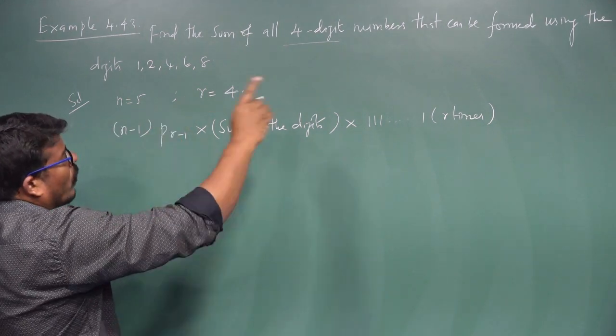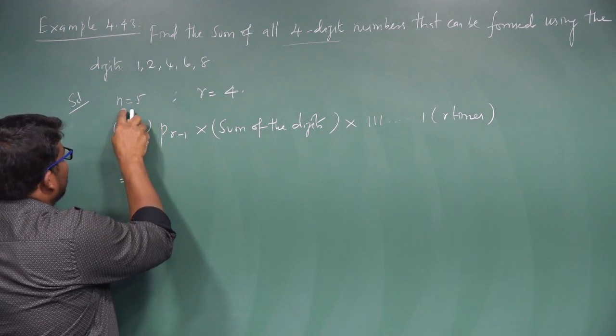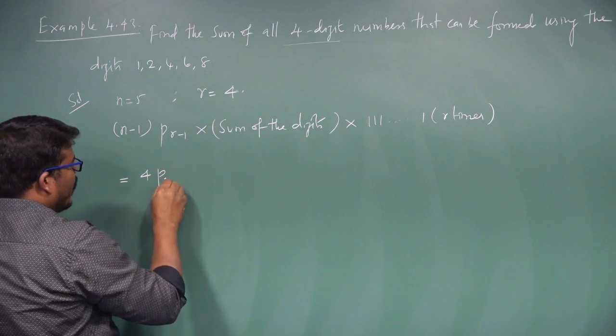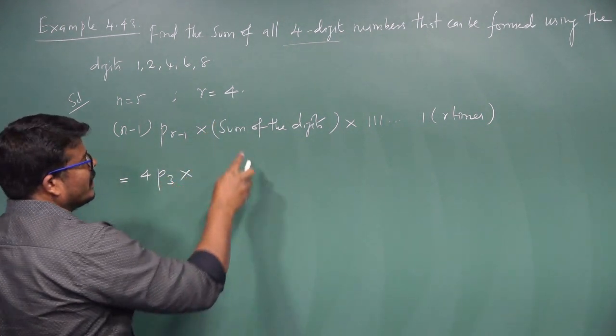This is the sum of all 4-digit numbers. Here n is 5, so 5−1 is 4, and P(r−1): 4−1 is 3. So 4P3 into the sum of the digits.